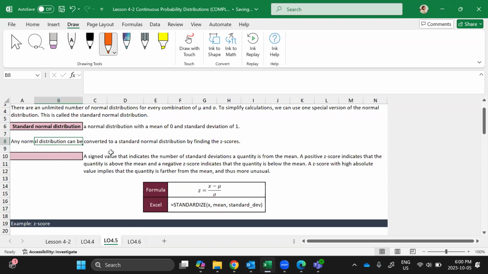When we convert a normal distribution into a standard normal distribution with a mean of 0 and a standard deviation of 1, we do that by calculating z-scores. Z-scores are a quantity that tell you how many standard deviations away from the mean you are. How you find them is you take any value x that you're interested in from the distribution and you subtract the mean.